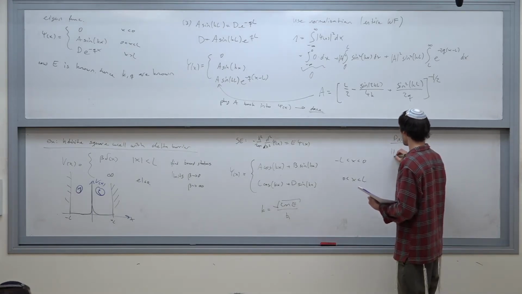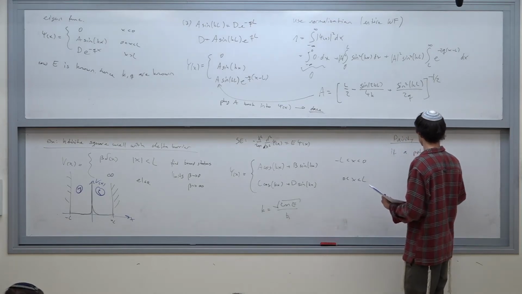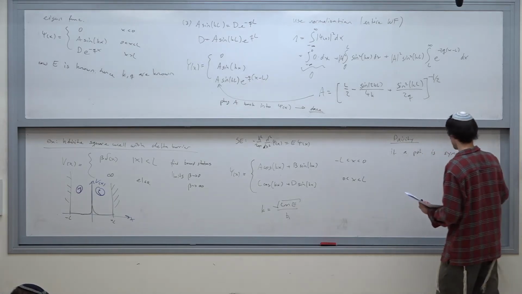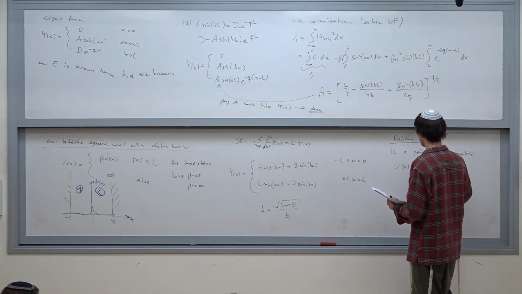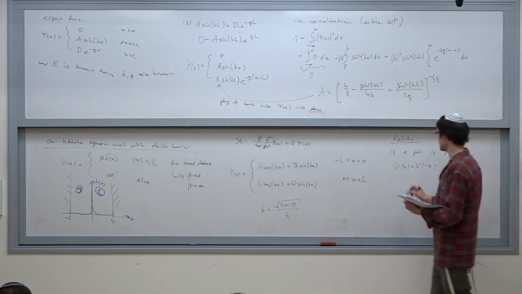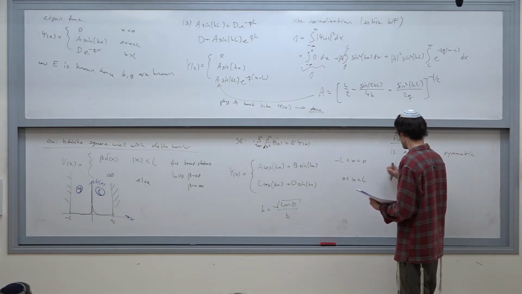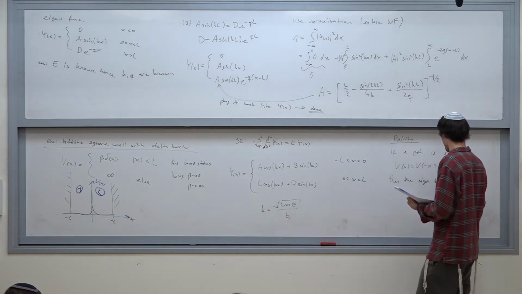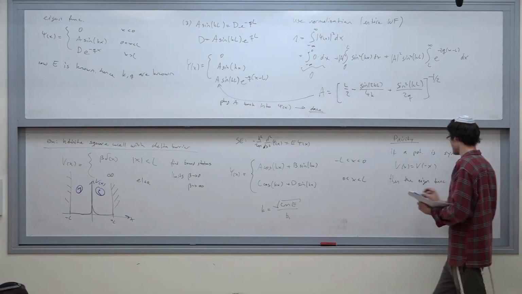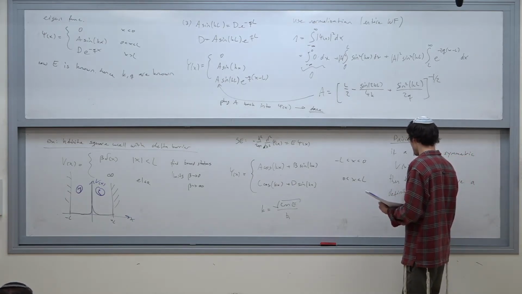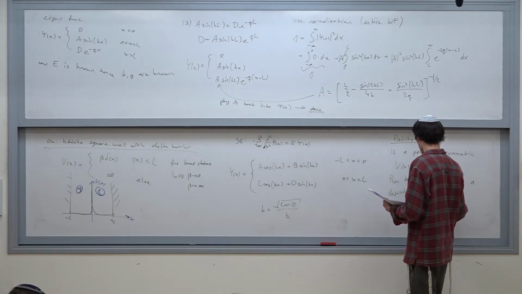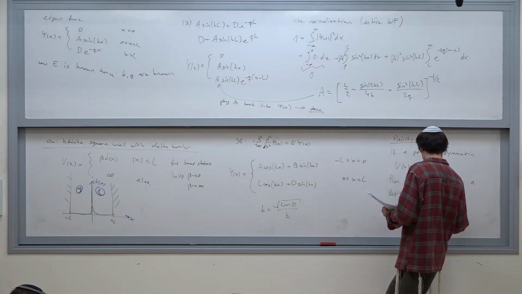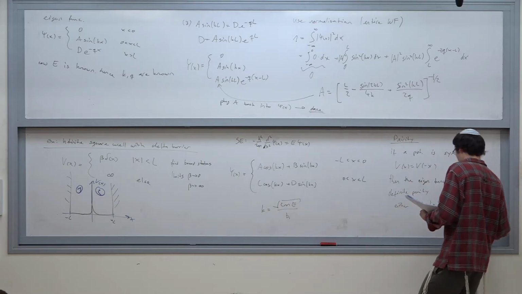You learned that if a potential is symmetric, so V of x equals V of minus x, which is the case here, then the eigenfunctions have a definite parity, which means that they are either even or odd.